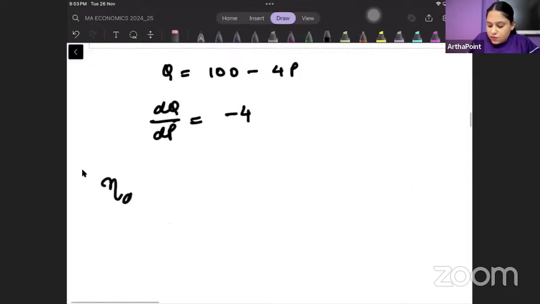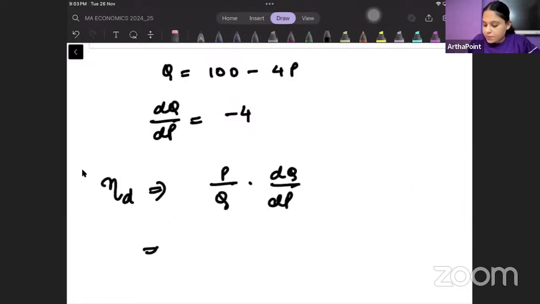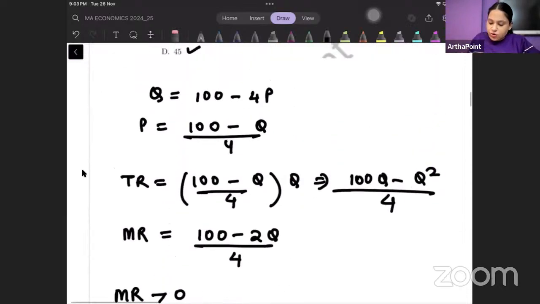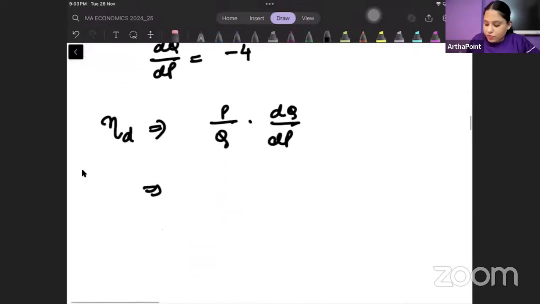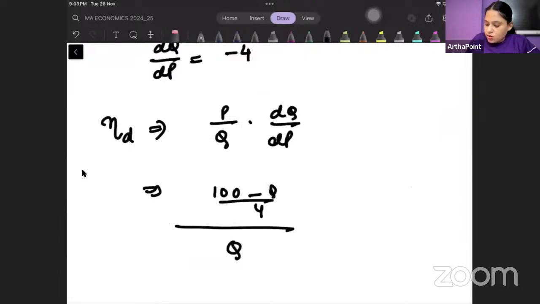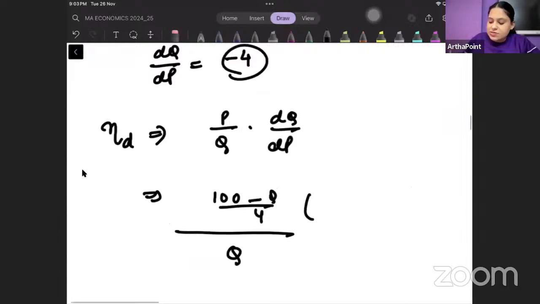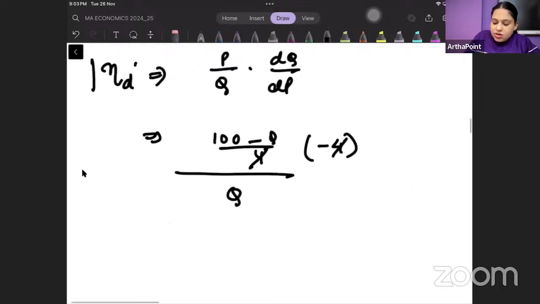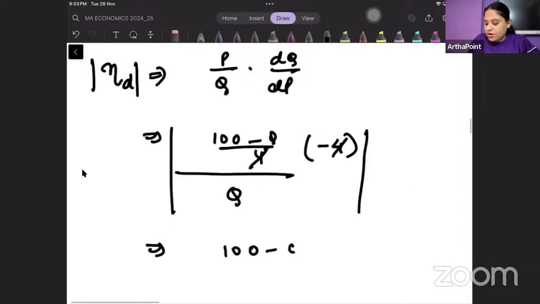Elasticity of demand will be P by Q times dQ by dP. The value of P I just found is 100 minus Q by 4, by Q, into dQ by dP, which is minus 4. In absolute terms, the minus sign will be gone and it will be 100 minus Q by Q.